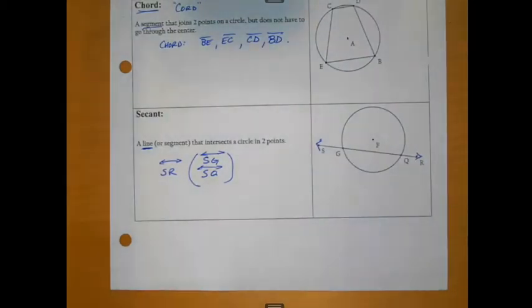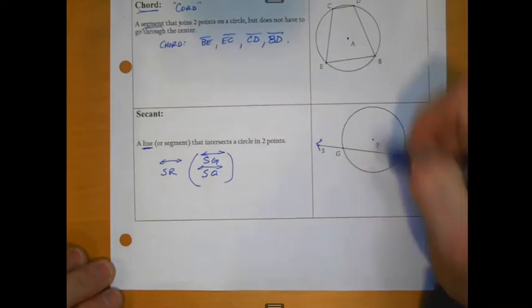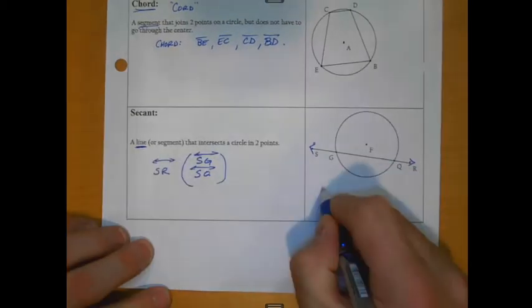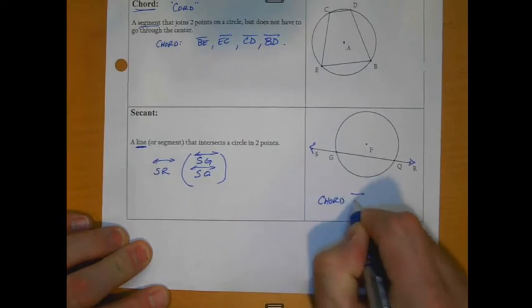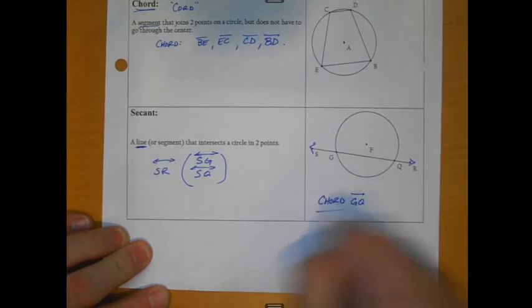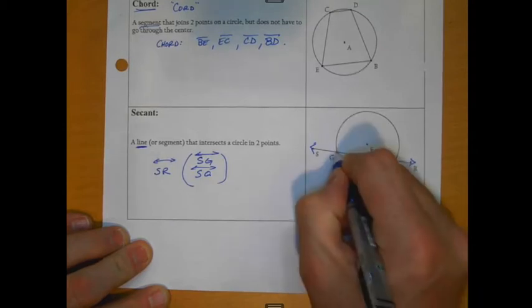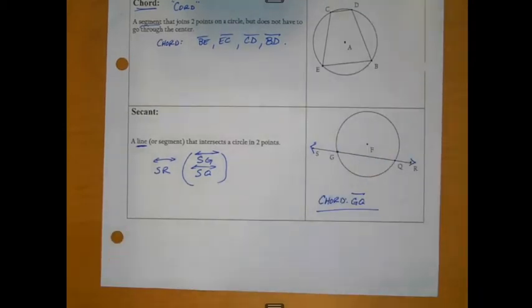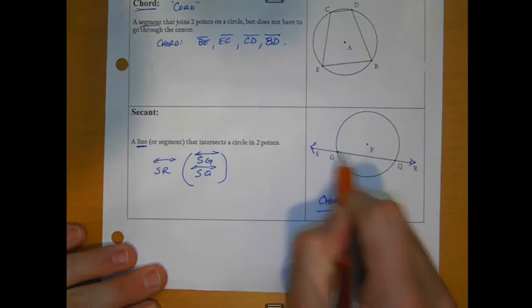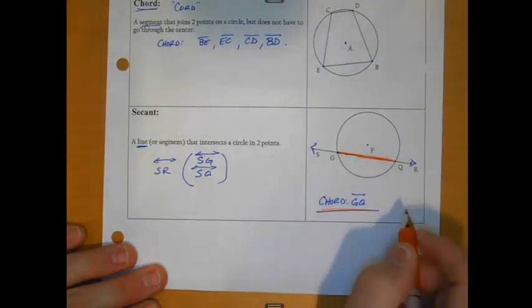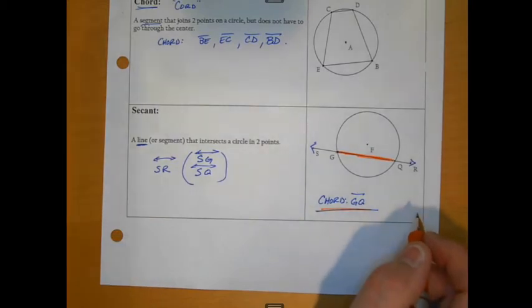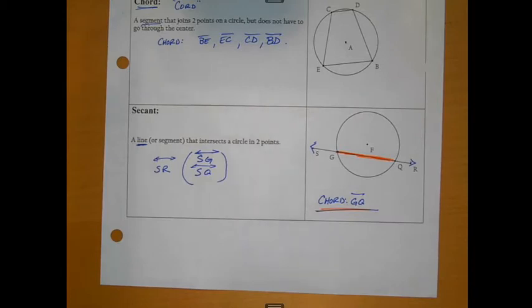Okay? So we have a chord. And a chord, if you notice, is part of a segment. You have a chord here, segment GQ. That is a chord. So if I go from G and go to Q, that is a chord. So remember back to the definitions that we had, that a segment is a part of a line that I break off at the endpoints.